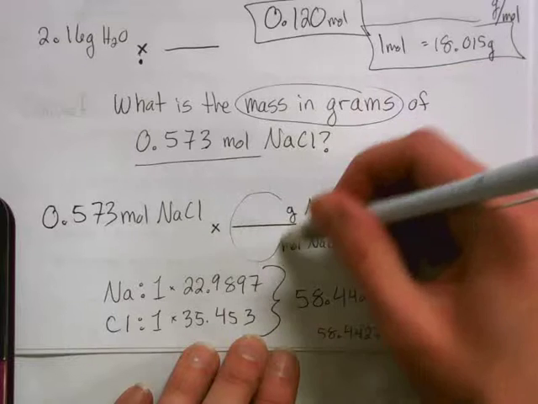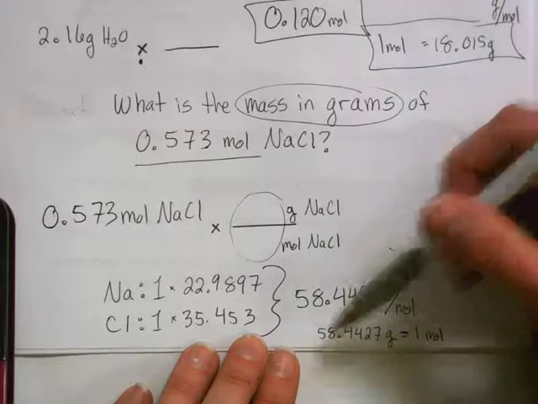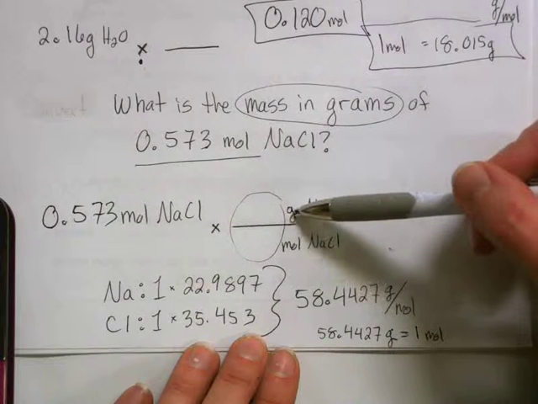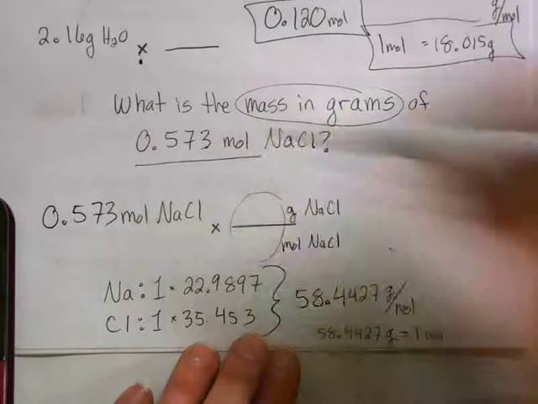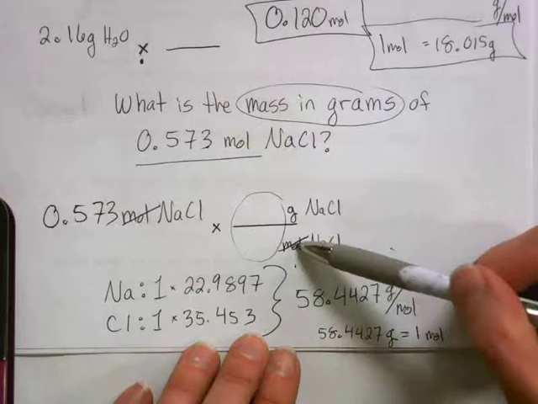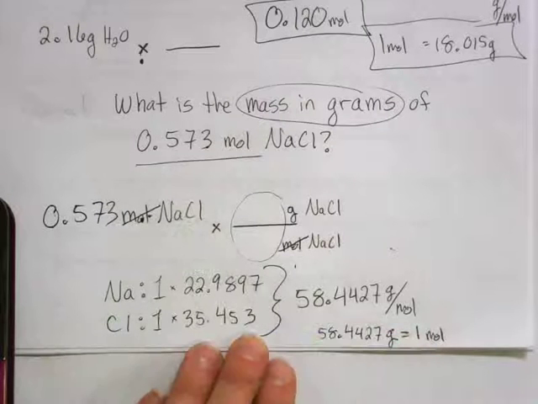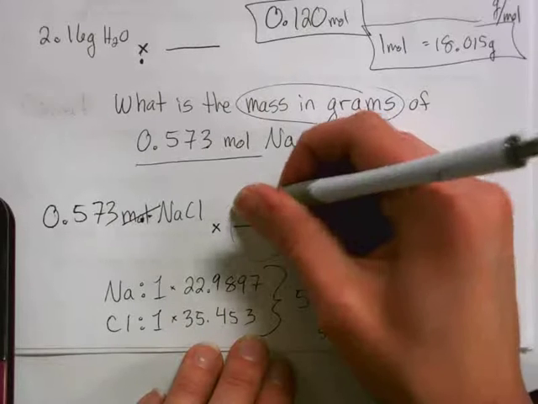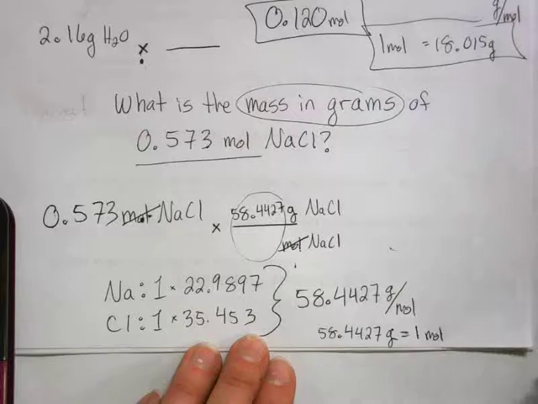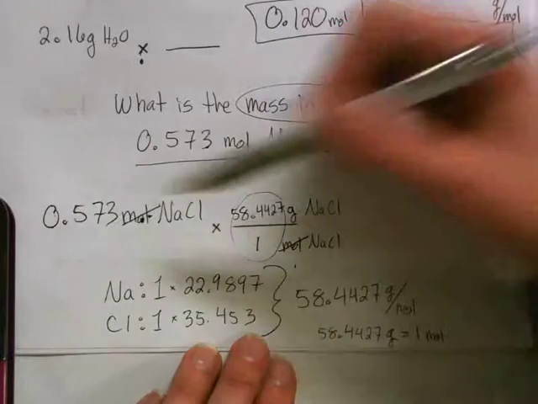So my 58.4427, when I'm trying to plug it back into my conversion factor here, my 58 goes with the units of grams, which are on the top, because that's where I need my grams in order for them to not cancel, and my moles need to go on the bottom in order for those to cancel. So I have 58.4427 on the top, and that is equal to 1 mole.